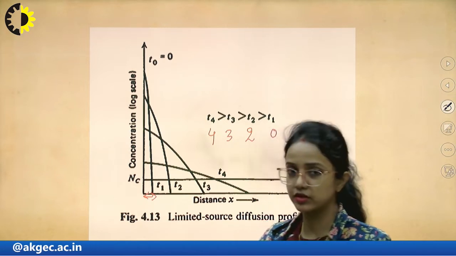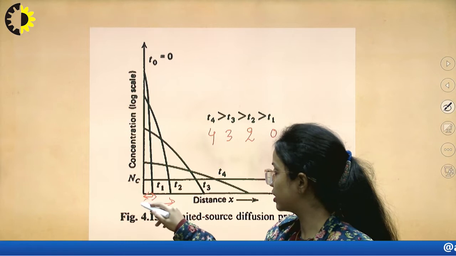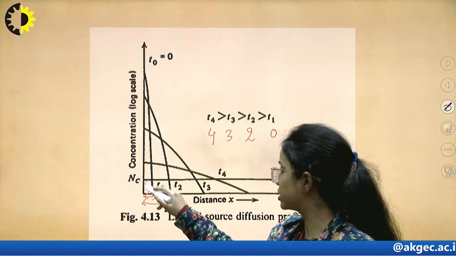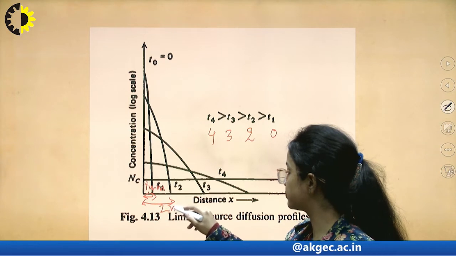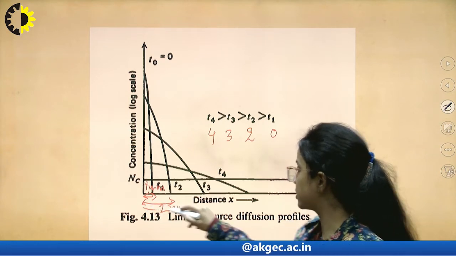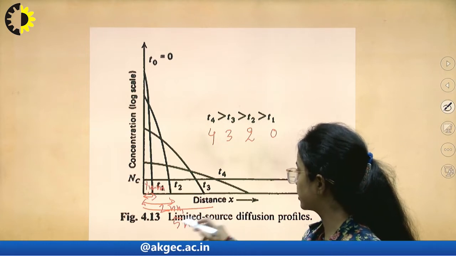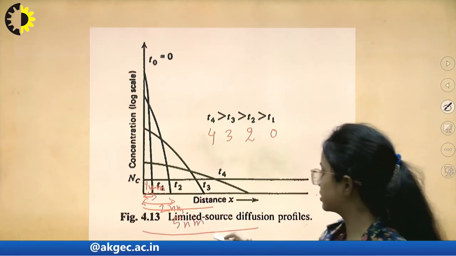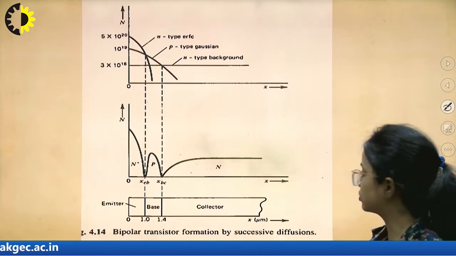As the time advances to 2 nanoseconds, the thickness has come to, let's say, 1 nanometer. Then the thickness has come to 2 nanometer. Then as time advances, the thickness has come to 5 nanometer, and again as time advances, the thickness has come to 7 nanometer. So these are limited source diffusion profiles.